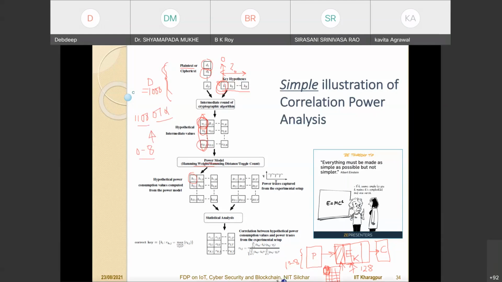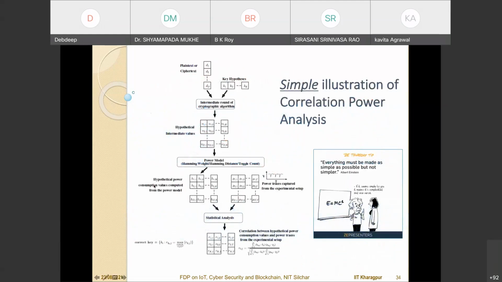So it replaces this byte by this value, and likewise it replaces it for the entire column, and you essentially have this column, which is called the hypothetical power consumption. Why is it called hypothetical power consumption?